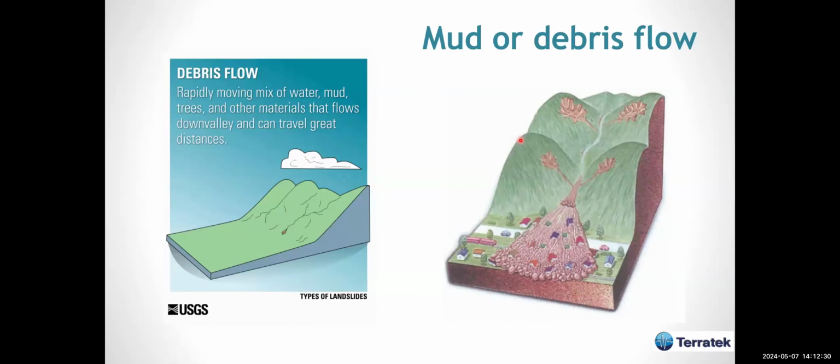Debris flows are very common when we have lots of rain on the mountains, and this leads to a rapidly moving mix of water, mud, trees, and other material that flows down the valley and can travel great distances.